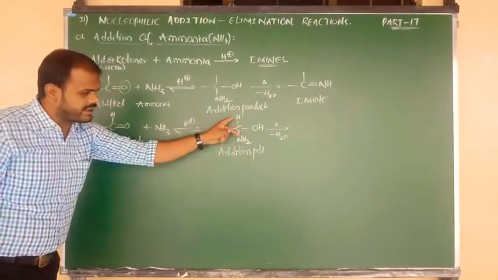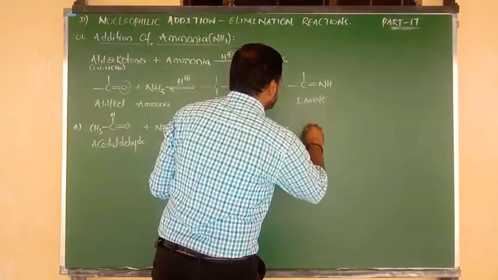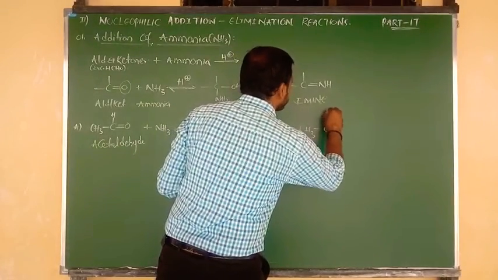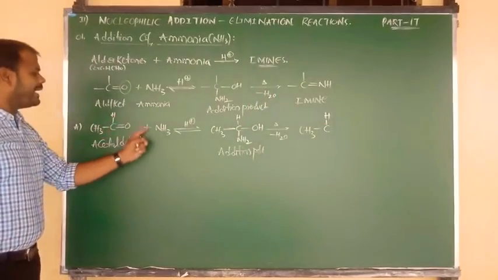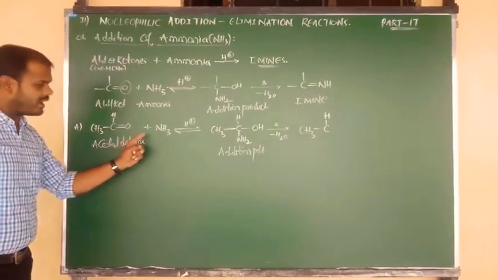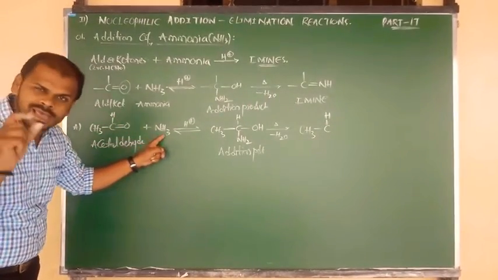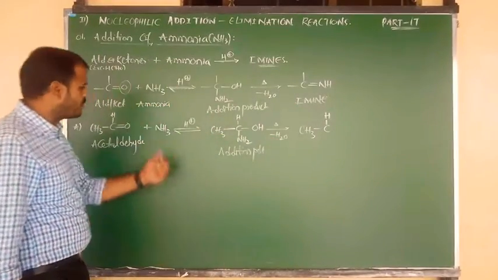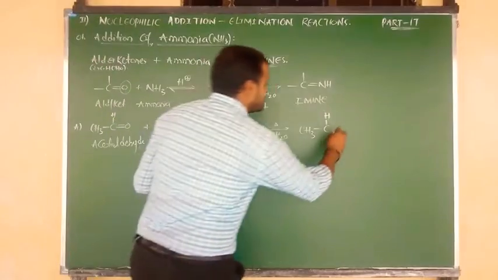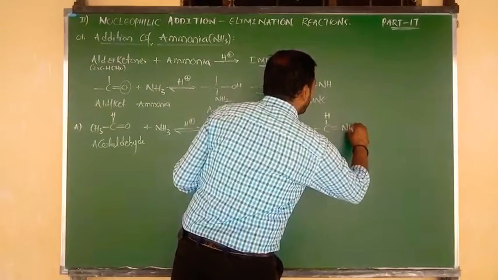CH3 bonded to C, with H above the plane, I write as it is. From the aldehydic group we remove oxygen, and from ammonia we remove H2. H2 combines with O and is removed in the form of H2O, and what remains is NH. So we write C double bond NH.